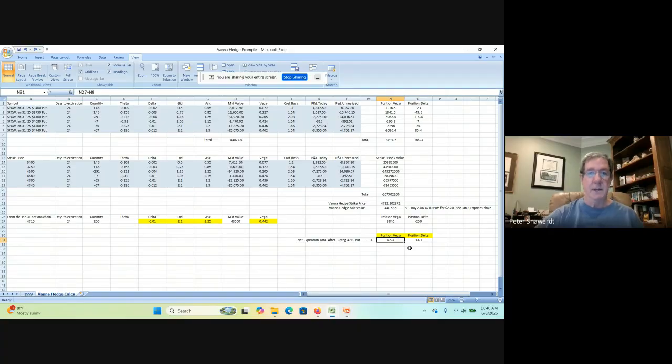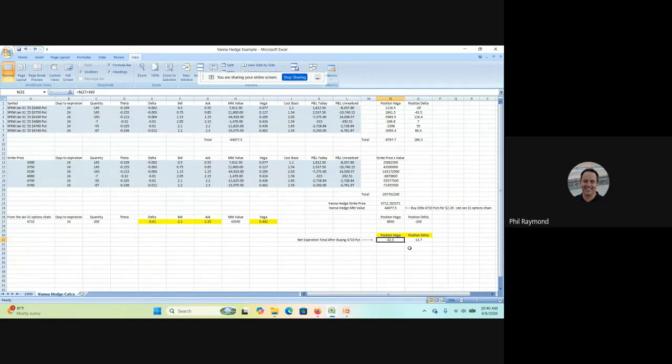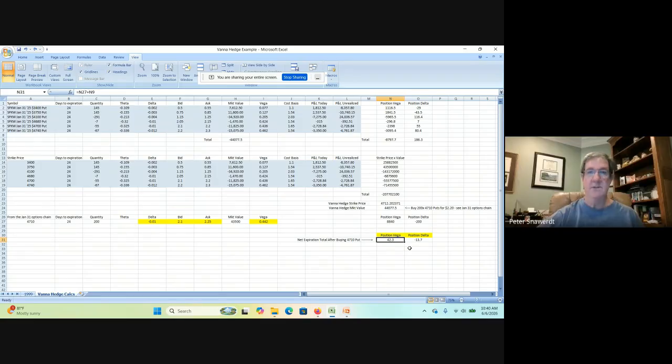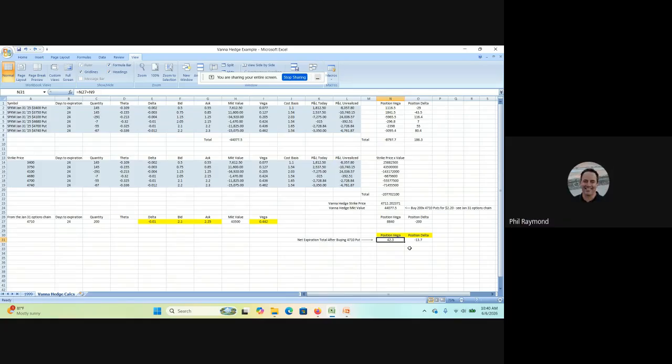But say my portfolio didn't liquidate. It's 3:45 on Friday afternoon and I don't want to carry the risk over the weekend. What should I do? Do a Vanna hedge on what's left. That's essentially what I do. It does kind of replace that concept of I'm going to buy UVXY, and the beauty of replacing UVXY is that UVXY naturally loses money all the time, and you have to account for that.